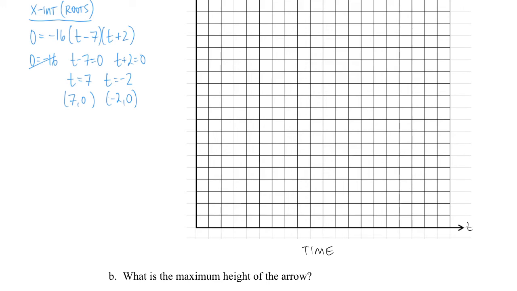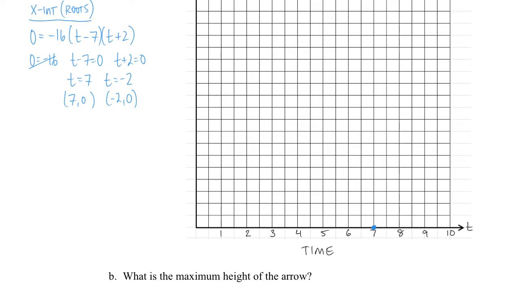So now I'm going to go ahead and make up my scale. Okay. And now I can actually put at least one of my roots on there. My other one is not going to be on this graph, and that makes sense. And at the end, you'll see why it makes sense.